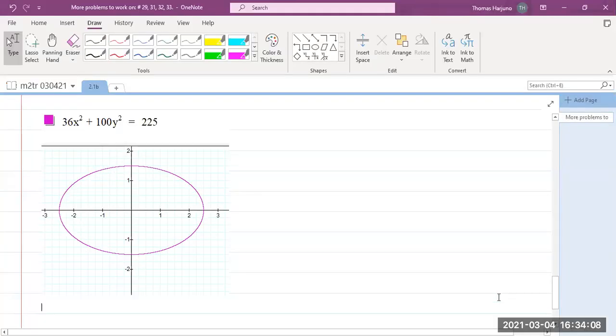Now, all the coordinates satisfying this equation represent the points whose distance from (2, 0) plus the distance from (-2, 0) will be constant.